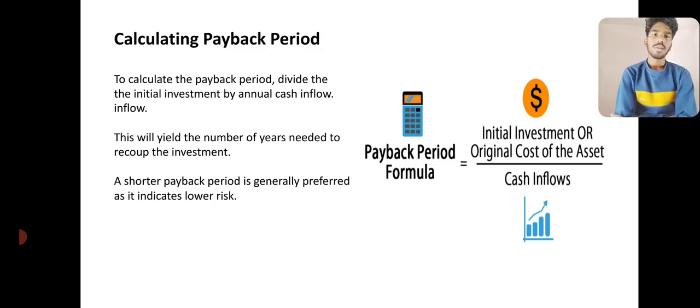To calculate the payback period, divide the initial investment by the annual cash flow; this gives the number of years needed to recoup the investment. A shorter payback period is generally preferred, as it indicates lower risk. The formula is the initial investment, or original cost of the asset, divided by cash flow, and we get the payback period value.